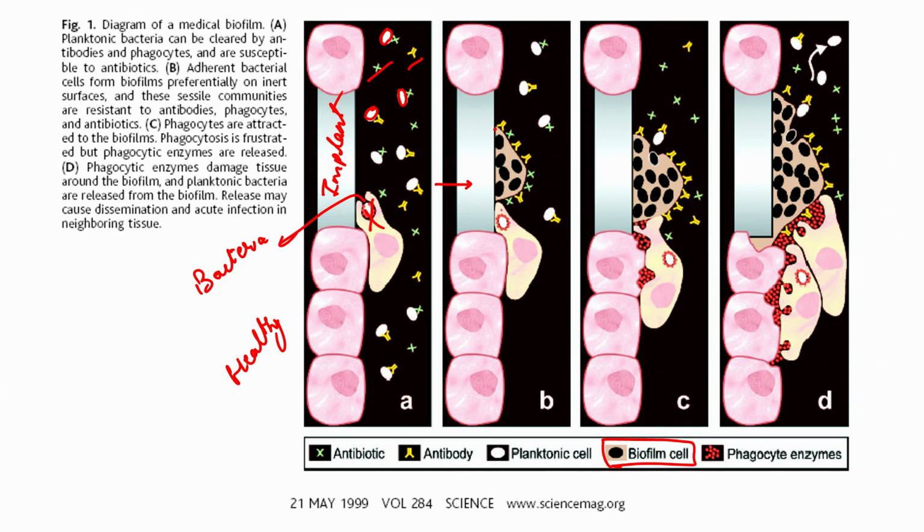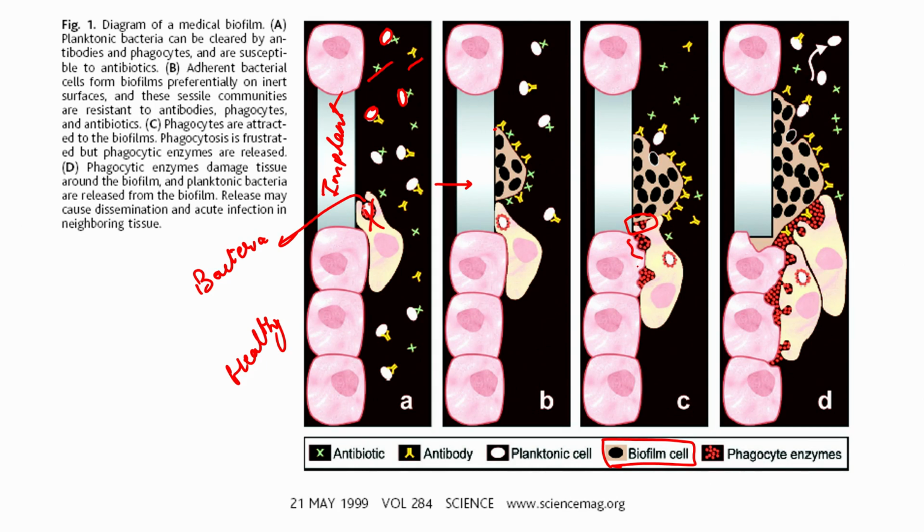So, at that point all it can do is secrete some antibacterial molecules, but because of the slimy biofilm layer, even these molecules have a hard time diffusing into the biofilm. So, all that ends up doing is actually degrading your healthy tissue.